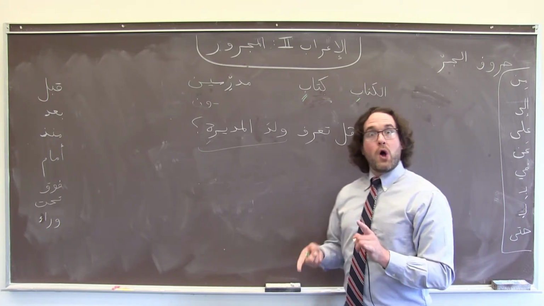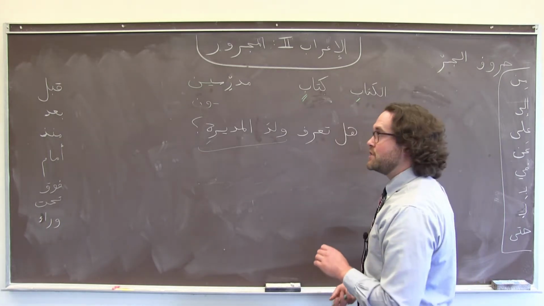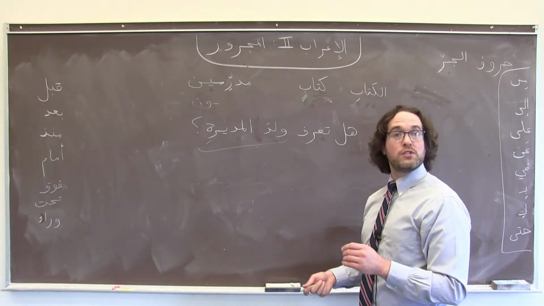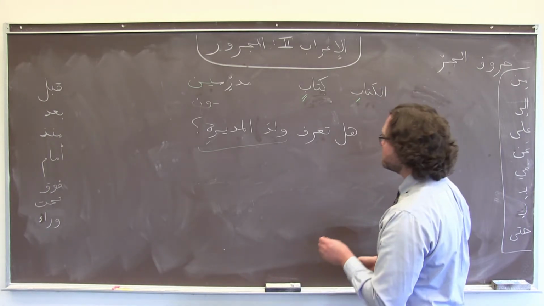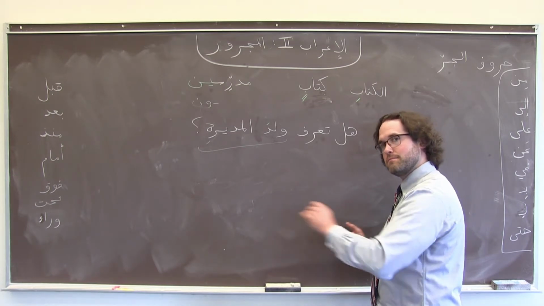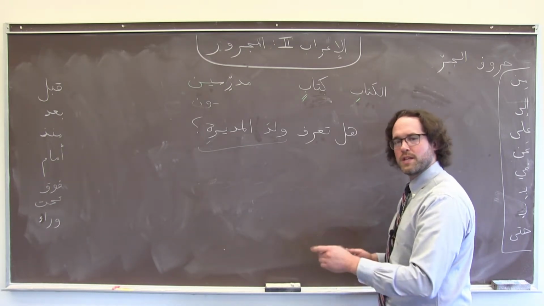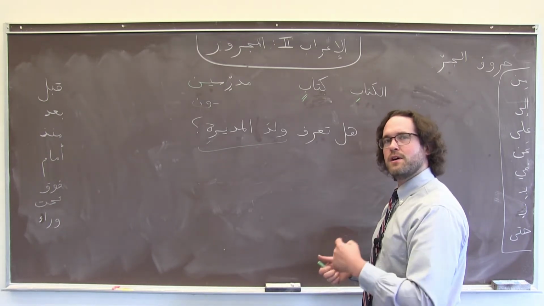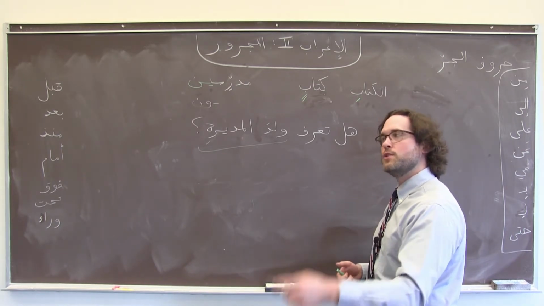Let's look at another longer example. If I wanted to say, I don't like the director's son's cat, I would need to say, because of Arabic word order and the way it works, I don't like the cat of the son of the director.